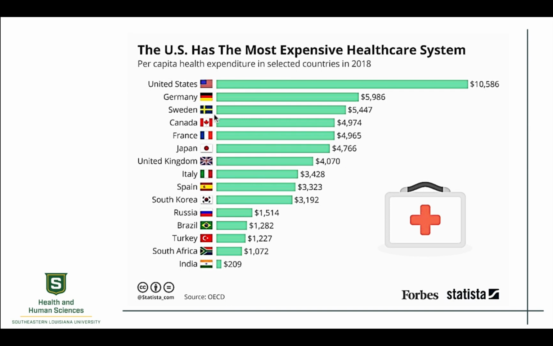So you have Germany, Sweden, Canada, France, Japan, United States, and so on. The closest country to the US in per capita spending is Germany, and it's almost 50% less than what the US is spending on healthcare.